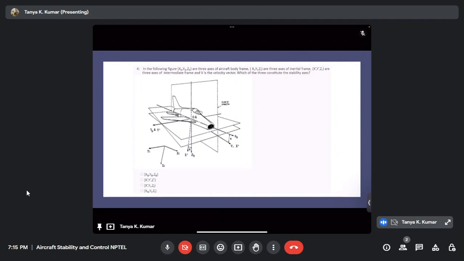Okay, sorry about that. I didn't realize the mic was turned off. Okay, so anything aligned with the velocity vector v is the wind axis, and the wind axis is the stability axis. Correct? So which one is aligned to the velocity vector? Which axis system is aligned to the velocity vector? In this case, in this figure.